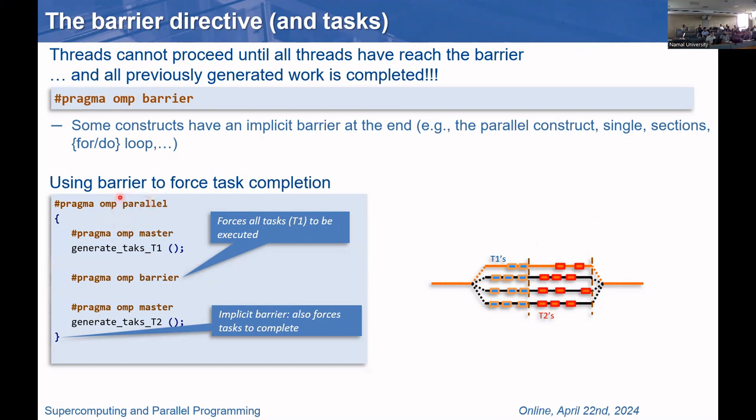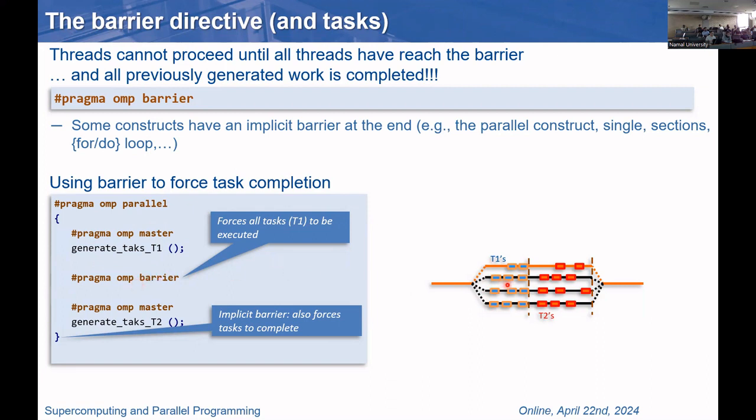For example, in this parallel region, I have a master that generates tasks, then I have another barrier, and then I have a master that generates tasks. The tricky thing here is that as this is a master, not a single, there is no barrier at the end, but I put the barrier explicitly here. So if this function is generating tasks like we see here, those tasks will be finished when I exit the barrier.